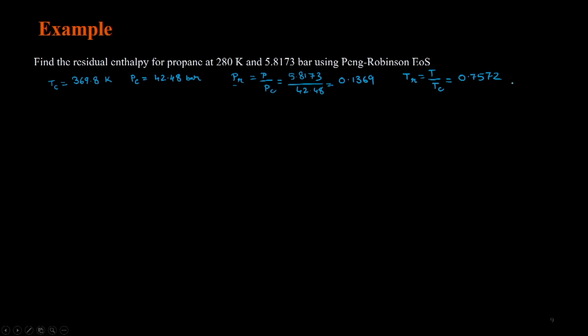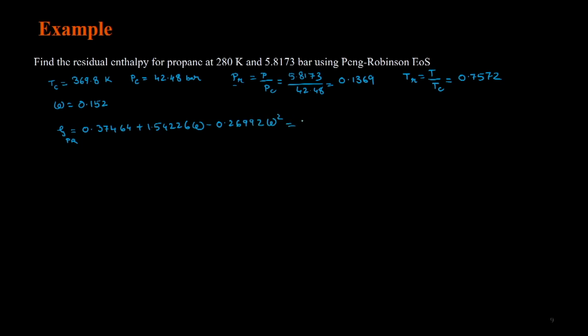Once I have these two values and also the value of omega, the eccentric factor for propane from the tables, which in this case is 0.152, I can calculate zeta, which for Peng-Robinson is 0.37464 plus 1.54226 omega minus 0.26992 omega squared.